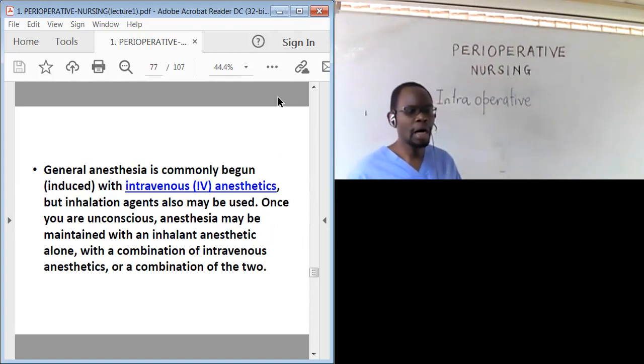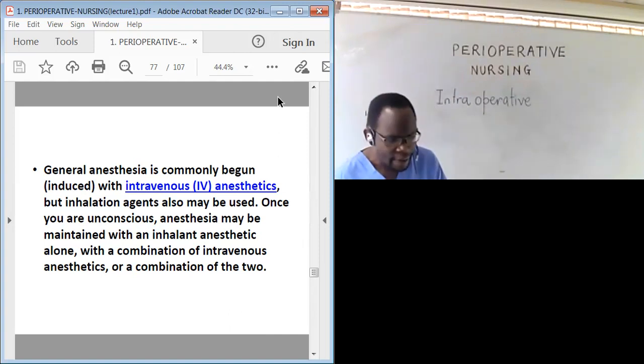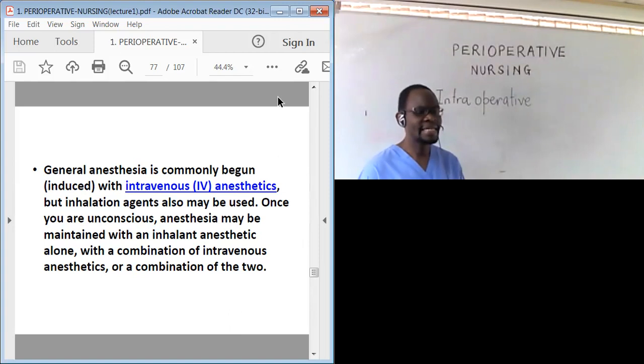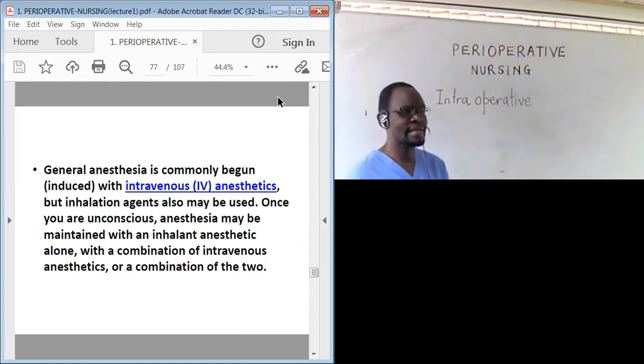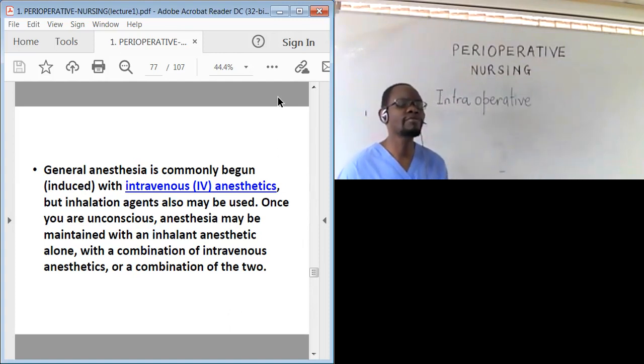The patient stays in that state of unconsciousness until the procedure is done, and then the anesthesia is withdrawn. But it is very important that as the procedure is being done and anesthesia administered, the vital signs and physiological needs of the patient are being looked into.